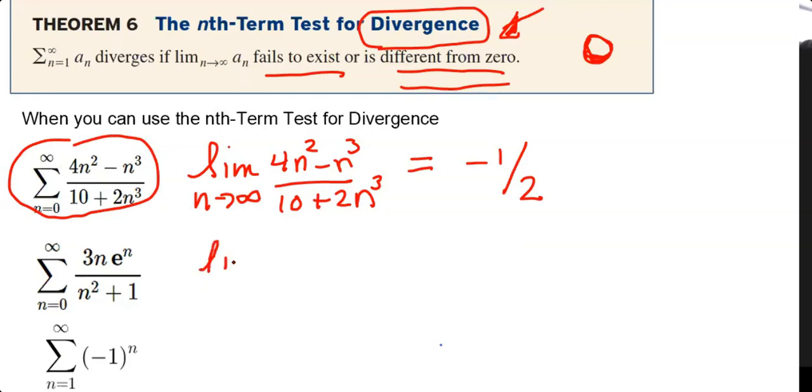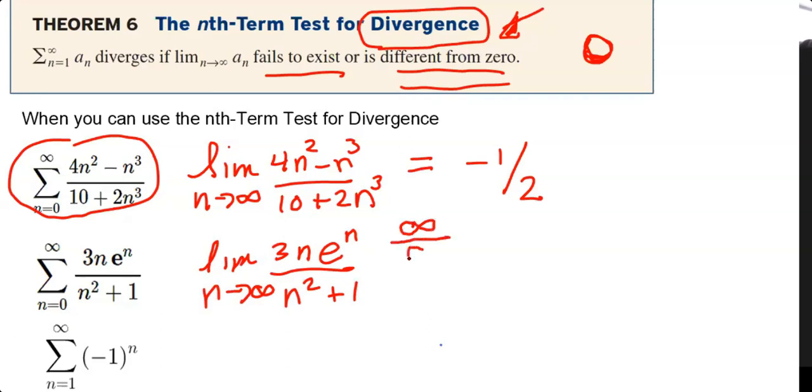Now the next one. Ethan, we have this limit of 3 times n times e to the n over n squared plus 1. What happens when you put infinity in the numerator and denominator? You get infinity over infinity. So what does that indicate we should do next? L'Hopital. Yes.